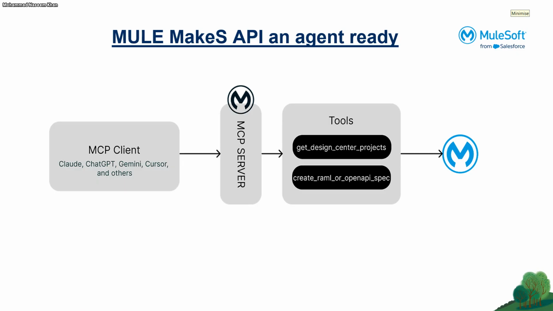It will check whether the Salesforce process API exists in our Design Center. If it exists, it will respond that it already exists and ask if you want to modify it. If it doesn't exist, it will invoke the second tool, create RAML or OpenAPI spec, and try to create the specification in Design Center.